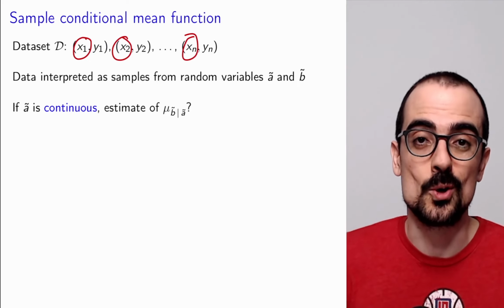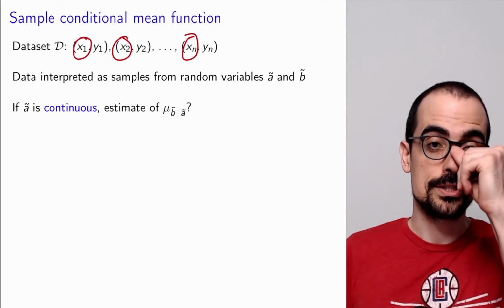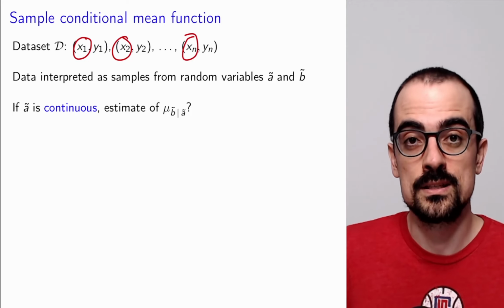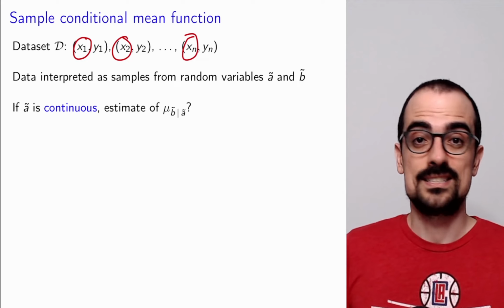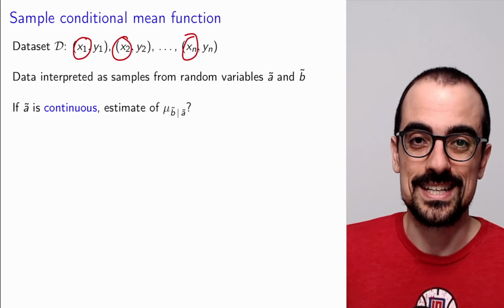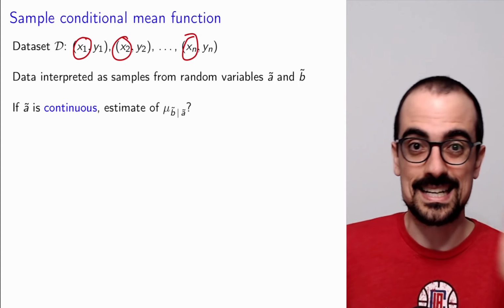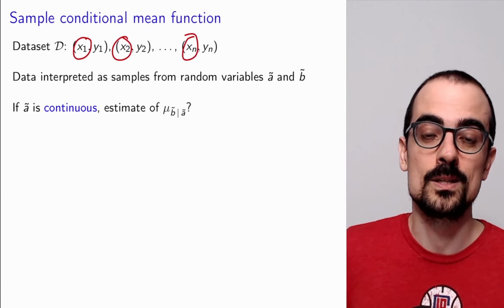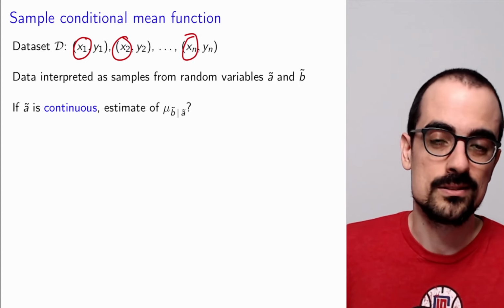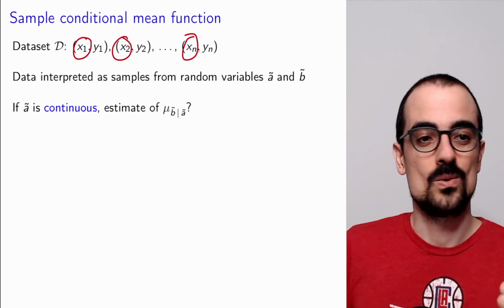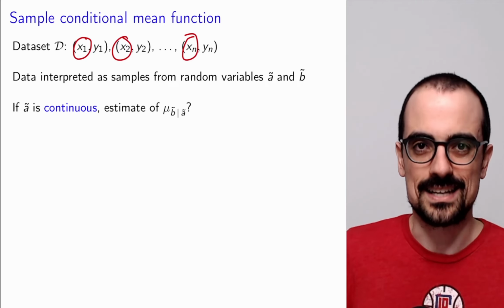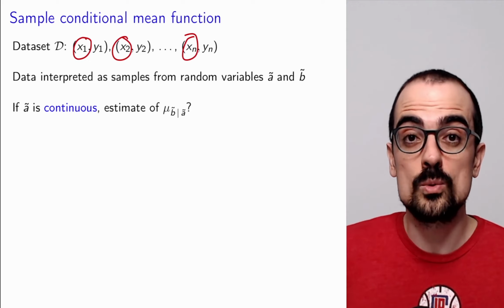The answer is no, because now we want to condition on a certain value of the first entry. Chances are we won't find it in our data set, because this is a continuous quantity that can take any value on a continuous interval. If I want to condition exactly on 2.1, chances are we won't find exactly 2.1 in the data set. So what do we do?